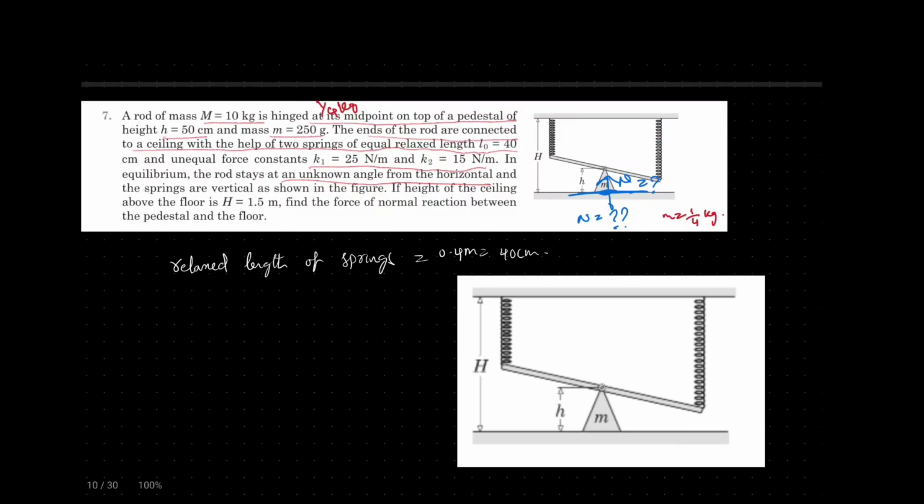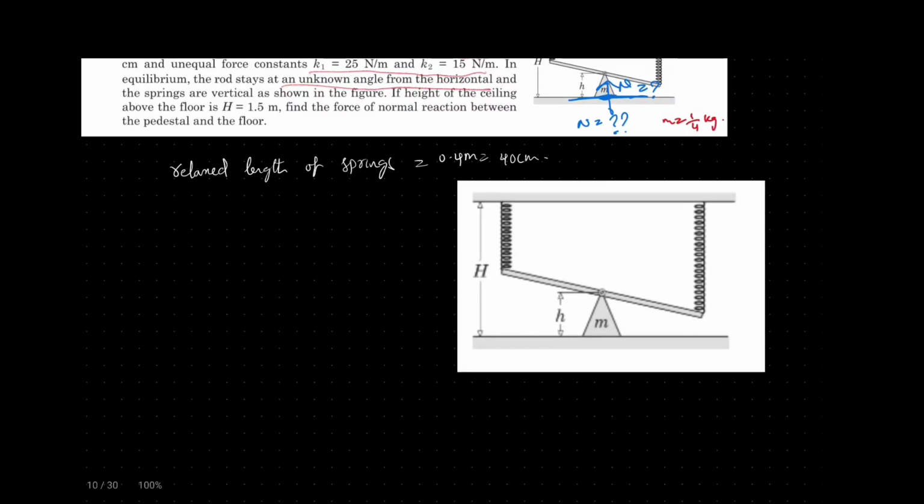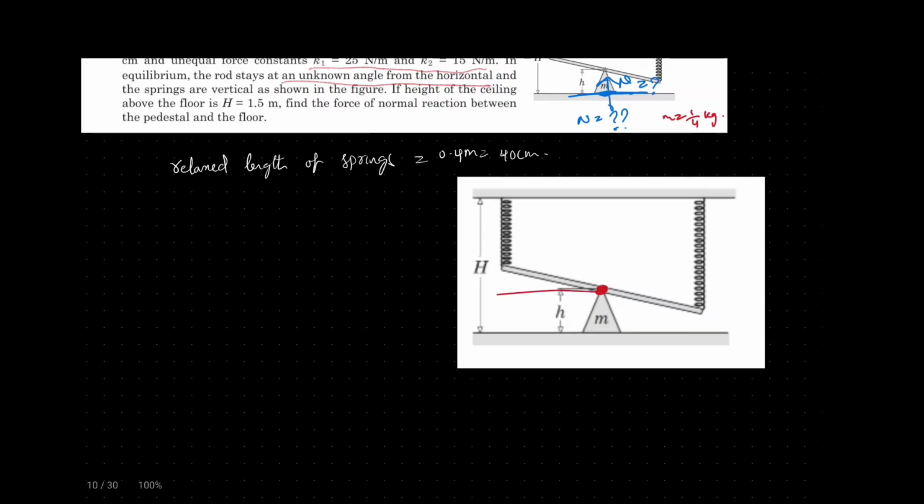So to find that N, we have to solve the upper part. I think we can break this question into several parts. First of all, they told that it is in equilibrium. That means it must be in rotational equilibrium.